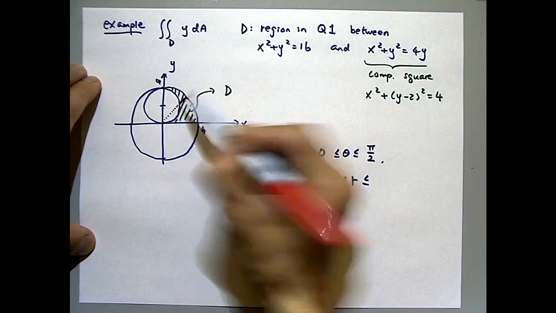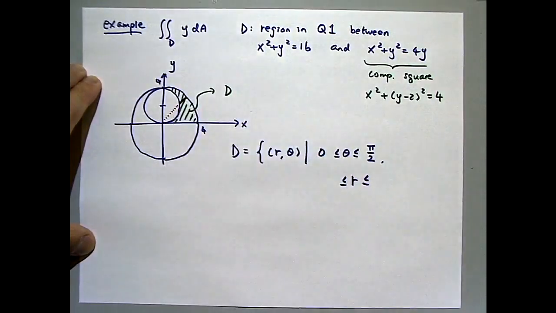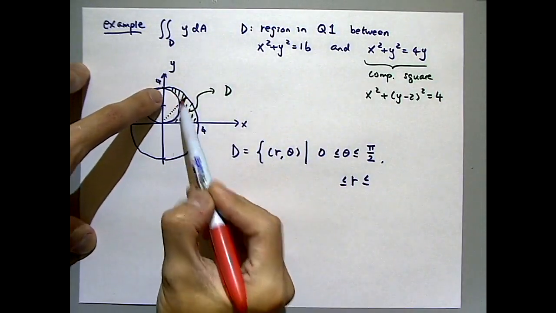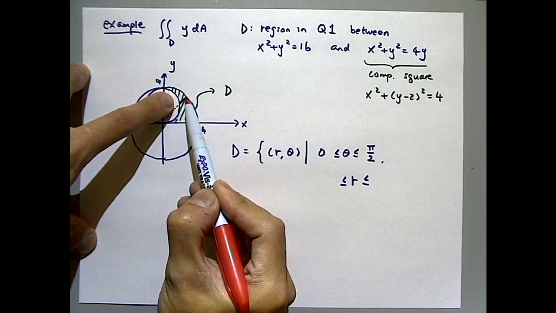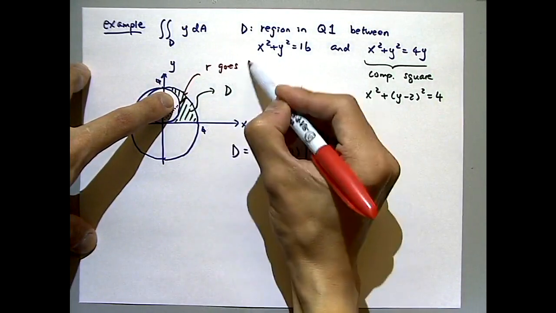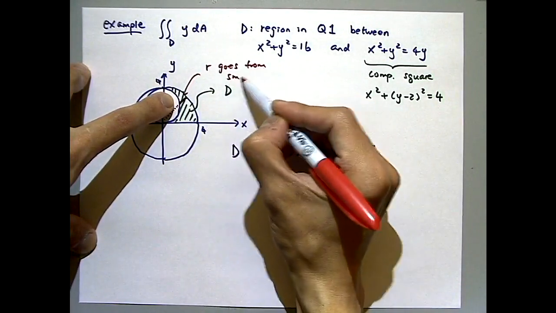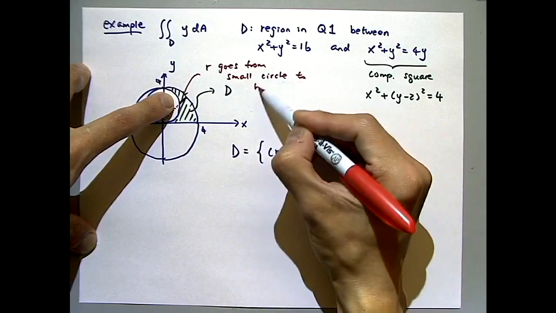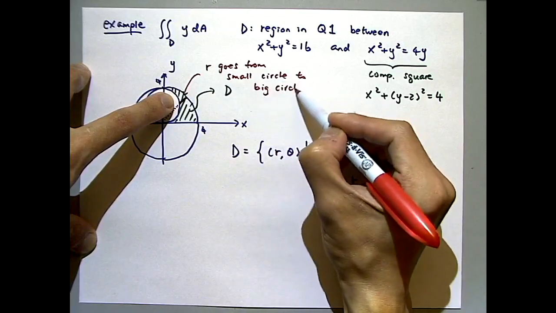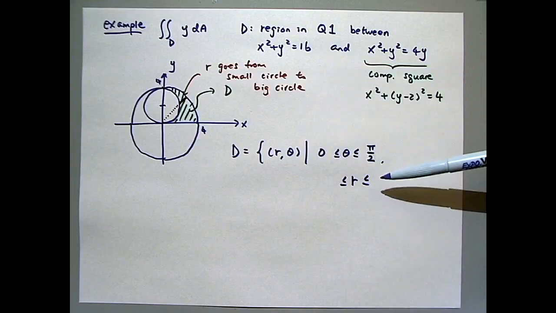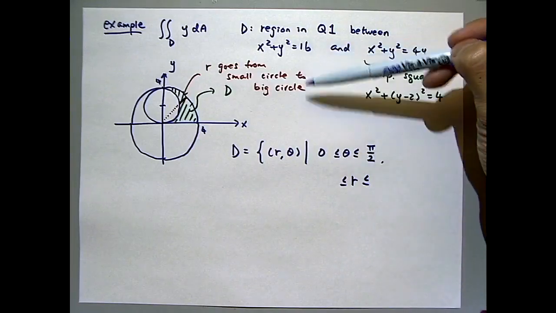This red line here is the distance that we need to accumulate. Notice that the distance starts from the smaller circle and goes to the bigger circle. And therefore, that's going to tell you what r is going to be. We start from the smaller circle to the big circle.